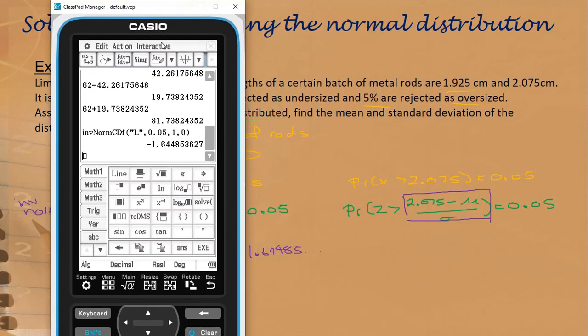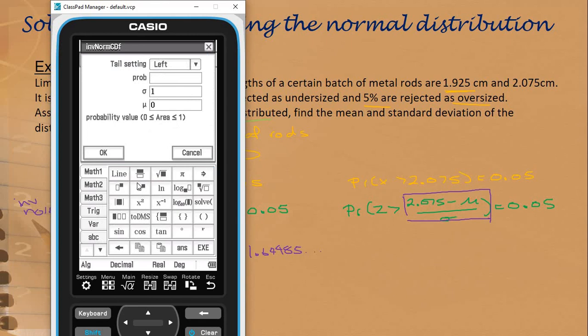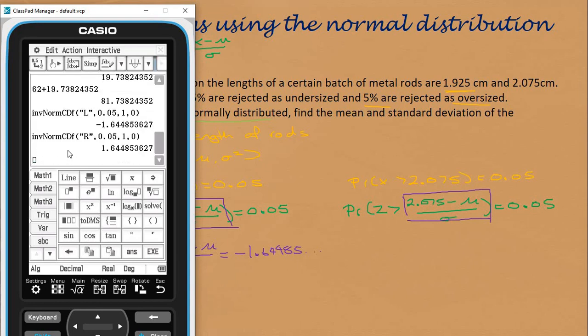So same idea, interactive distribution inverse normal. This time we want z greater than, so our probability is going to be to the right. We're going to infinity. The probability is 0.05. Standard normal distribution, so standard deviation of 1 and mean of 0.